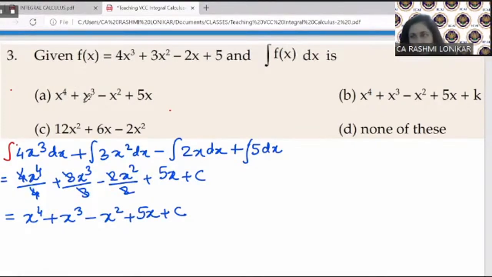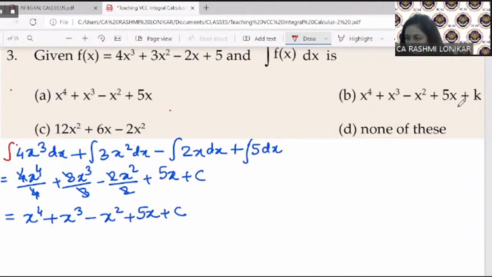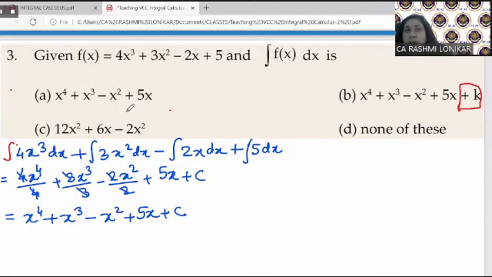X raised to 3 has a plus sign, right? X raised to 2 has a minus sign in both the options, right? 5x has a plus sign, yes. But the very important factor here is plus c. Even though A and B are the same in terms of power of x and signs of x, the difference is plus c, and that is why this is the correct answer and this is the wrong answer. Okay, C is out of question, C is not the correct answer.